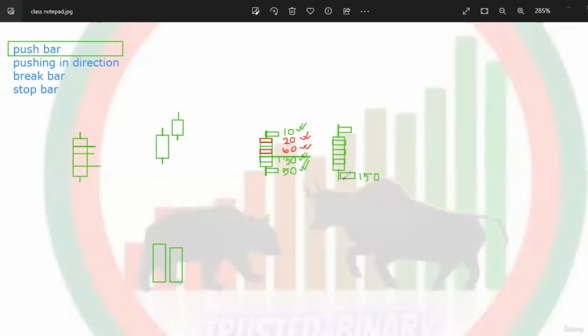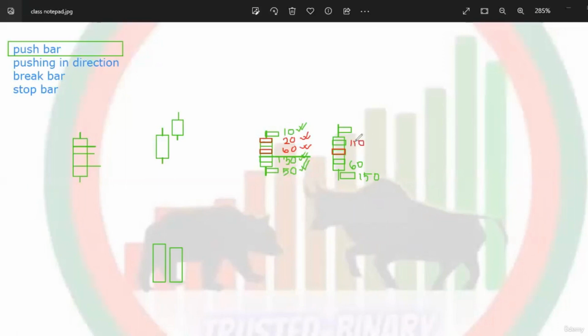Okay, this part, and now this part like here 60 by the buyer side. Now here by the seller side, like here 110.